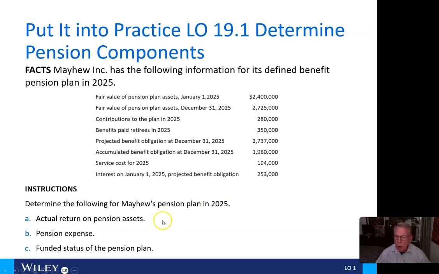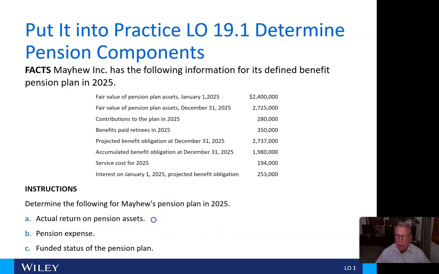They want you to determine Alpha, actual return on plan pension assets, Bravo, pension expense, and Charlie, the funded status of the pension plan.